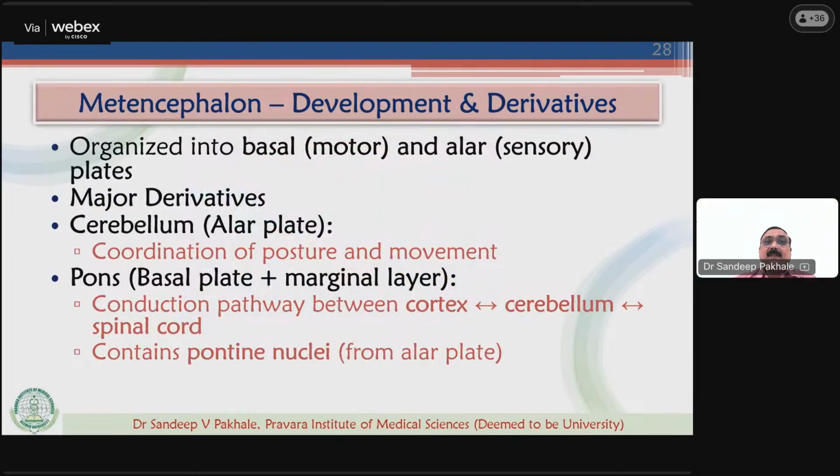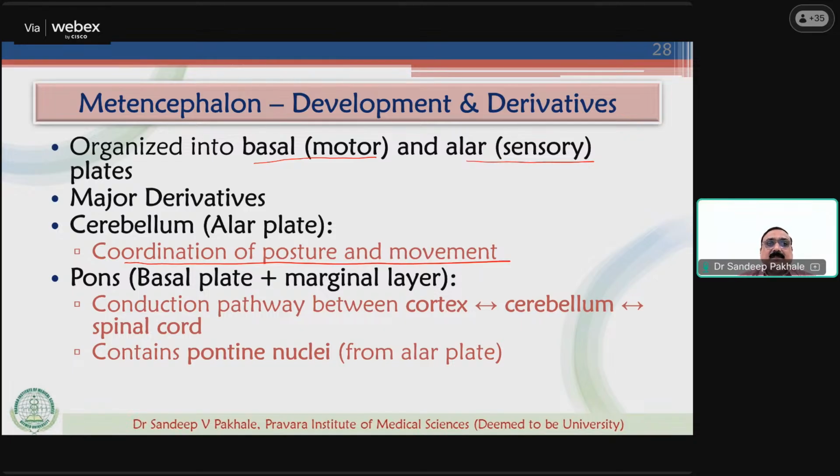Now coming to the metencephalon, development and derivatives. The metencephalon, like the myelencephalon, is again organized into basal motor and alar sensory plates. From the alar plates, the cerebellum develops, which plays a key role in coordination of movement and also posture.